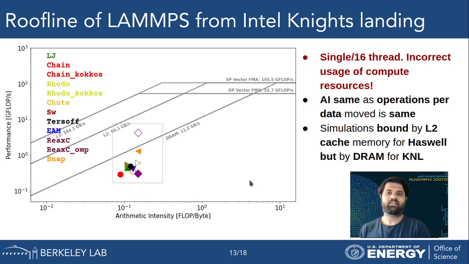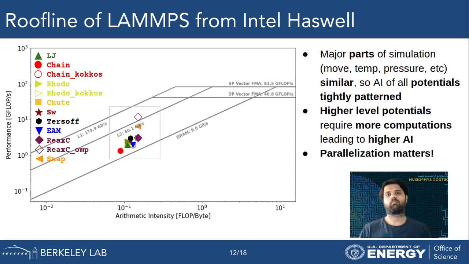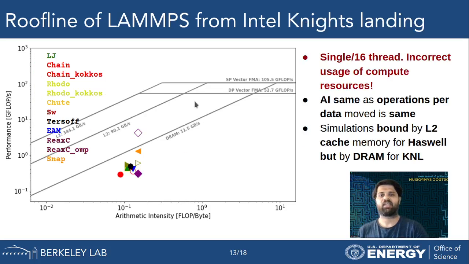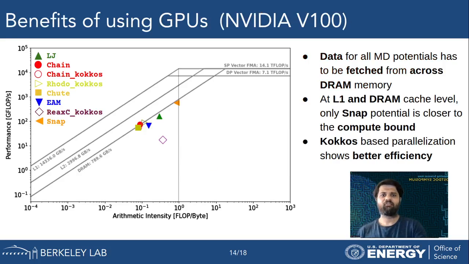One thing to note is that if you look at the previous result on Intel's Haswell CPU, our performance was bottlenecked by the L2 cache, whereas in the case of Knights Landing, our performance is now bottlenecked by the DRAM memory, meaning that there is a bigger memory bandwidth between the big DRAM memory and the Intel compute architecture.